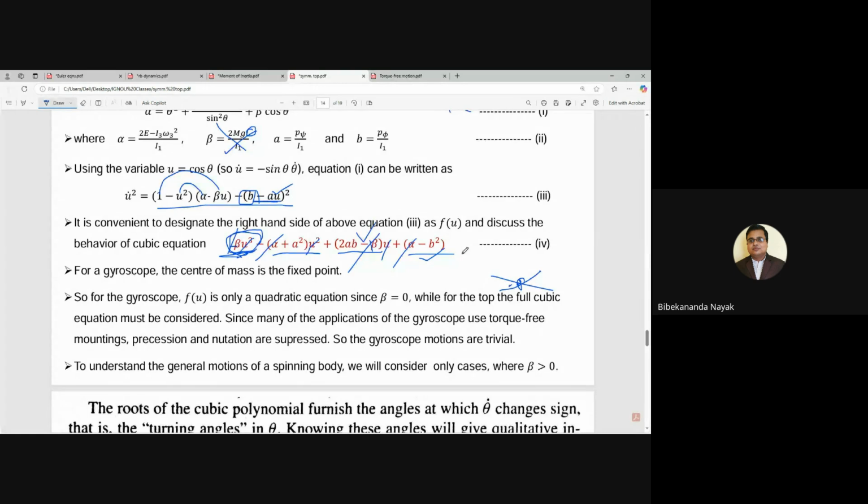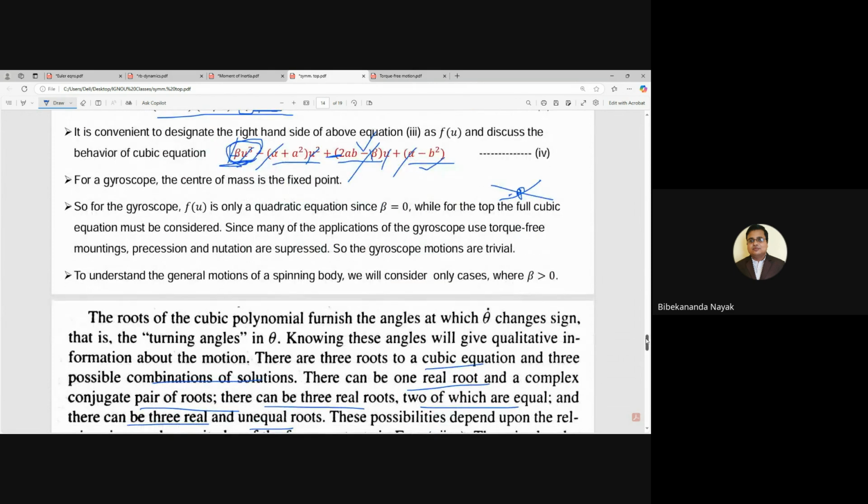If u is equal to minus 1, there is a minus sign here, so it will be minus a squared minus b squared minus 2ab, taking minus common, minus (a plus b) whole squared. Okay?